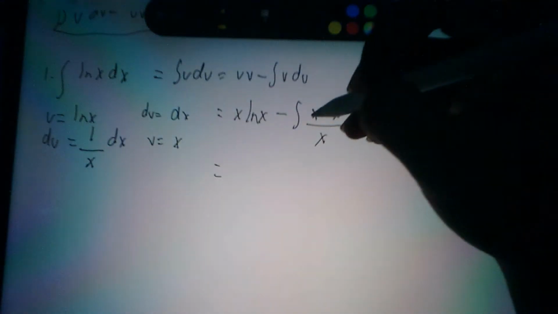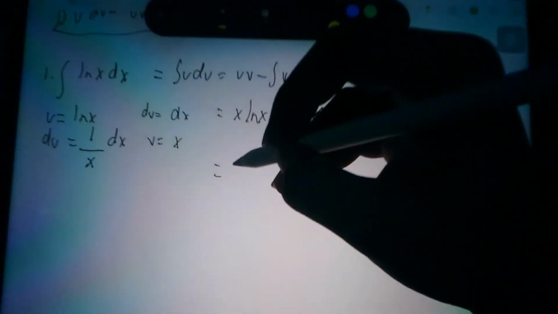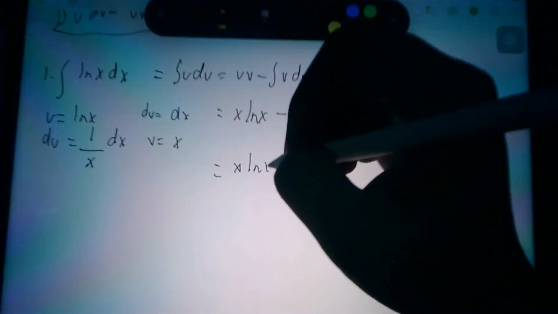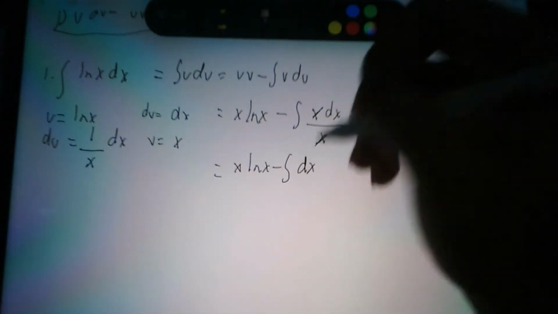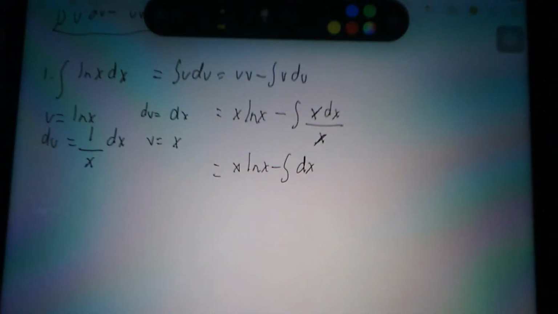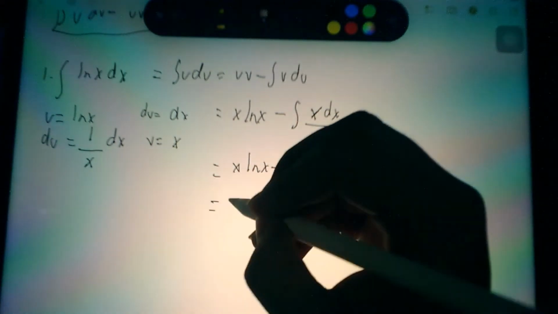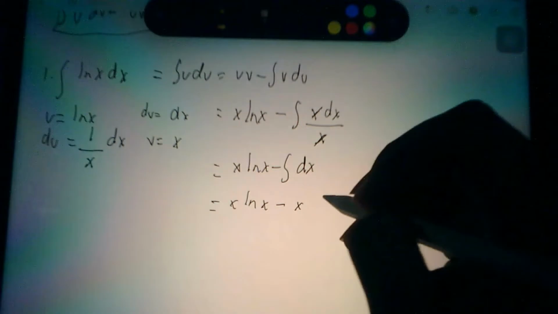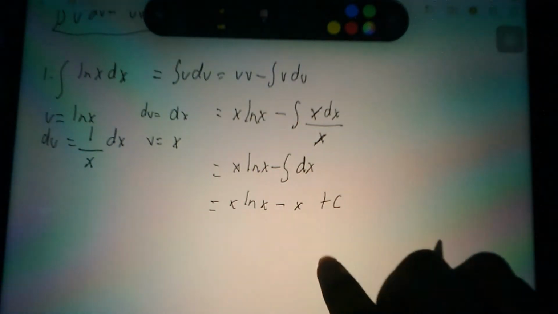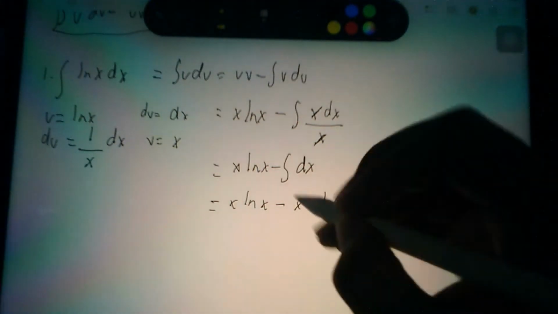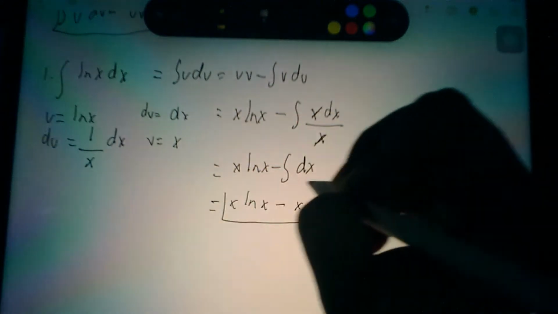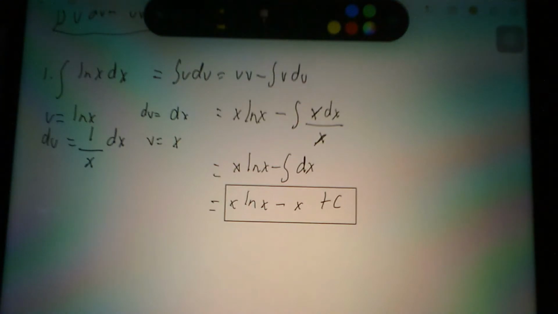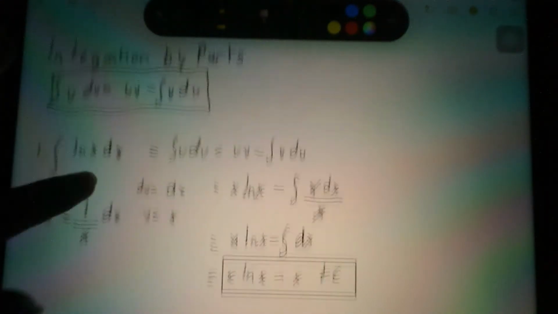Since x here and x here will just cancel out, let me simplify this: x ln of x minus the integral of dx. The integral of dx is x, so we get x ln of x minus x plus c. Don't forget your c here, because c here is very important. So this is our final answer for problem number 1 under integration by parts.